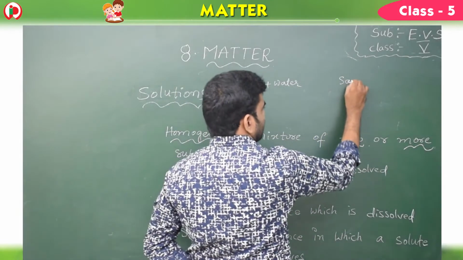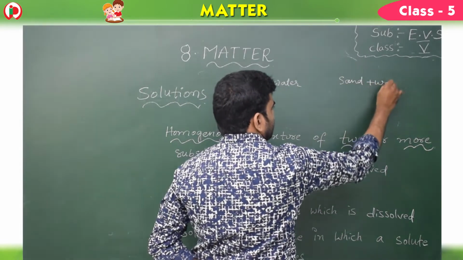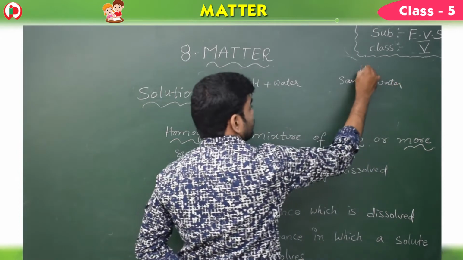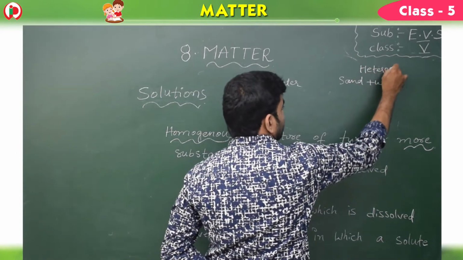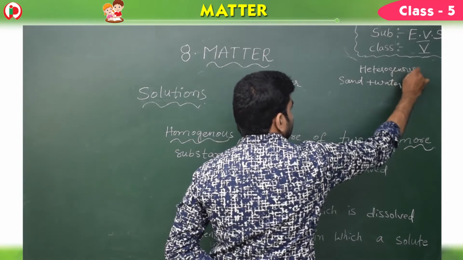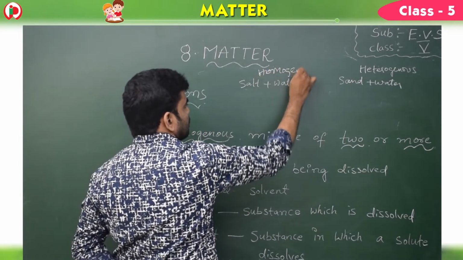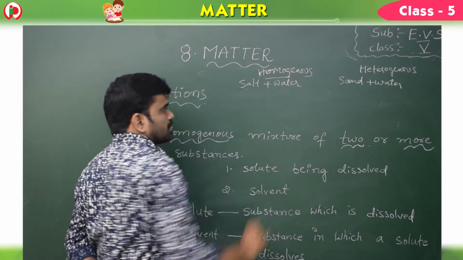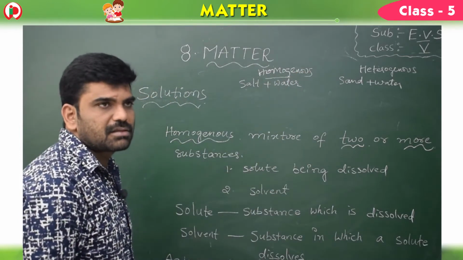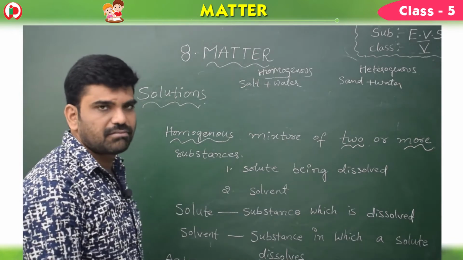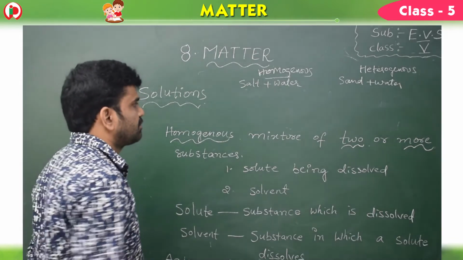Sand plus water is a heterogeneous mixture. It is heterogeneous, whereas this is homogeneous. Salt and water. Why? Because salt dissolves in water, whereas sand won't dissolve in water.